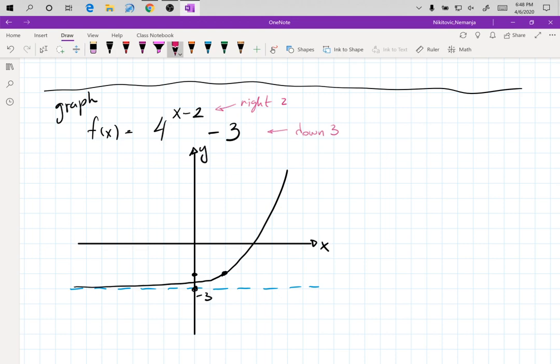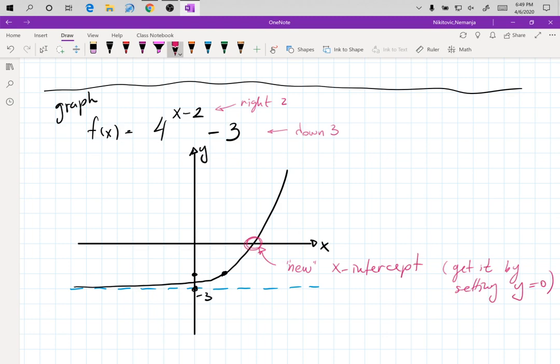So now, the new x-intercept we get by setting y equal to 0, which again makes sense because this point is on the x-axis.